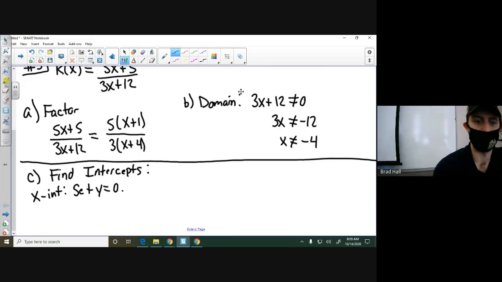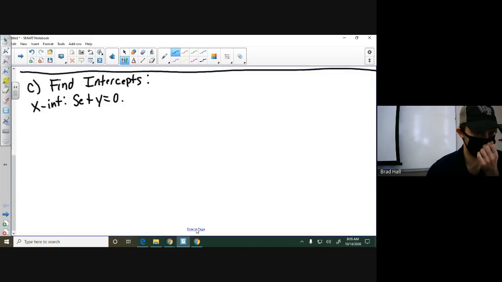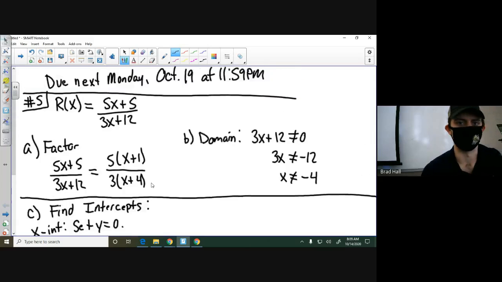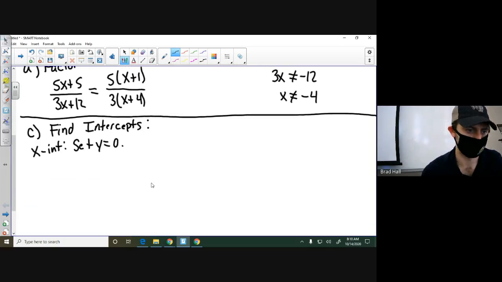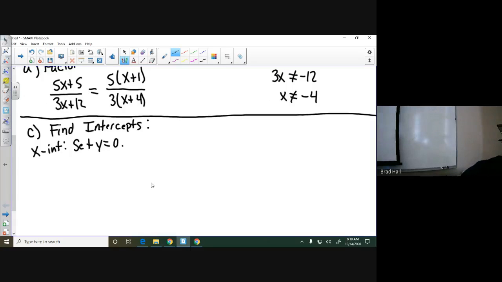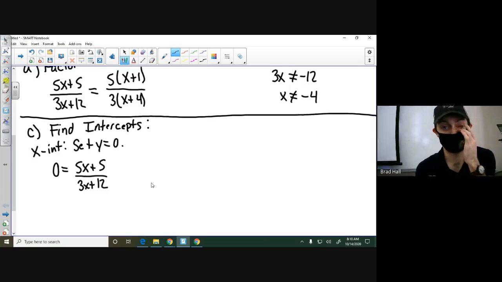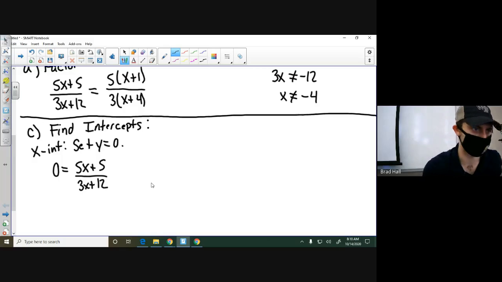And so when we do that, remember the original function was 5x plus 5 divided by 3x plus 12. So now we're setting that equal to 0. So we're setting the whole function equal to 0, and we're solving for x. Now we can cross multiply because this is a rational function.